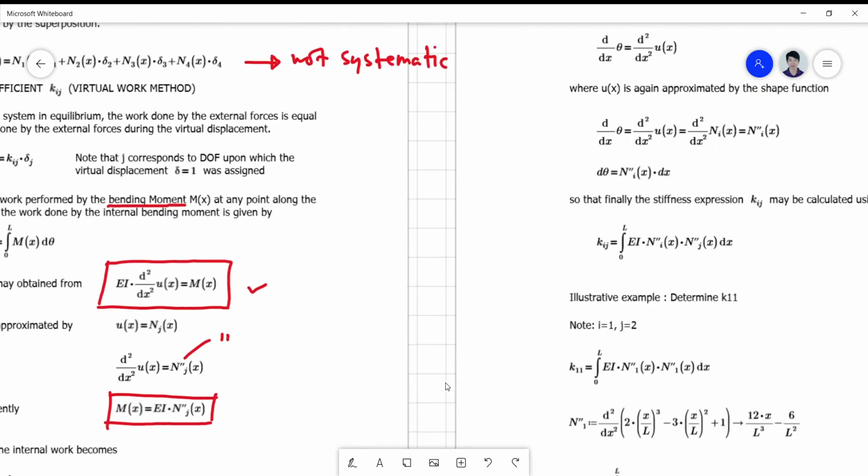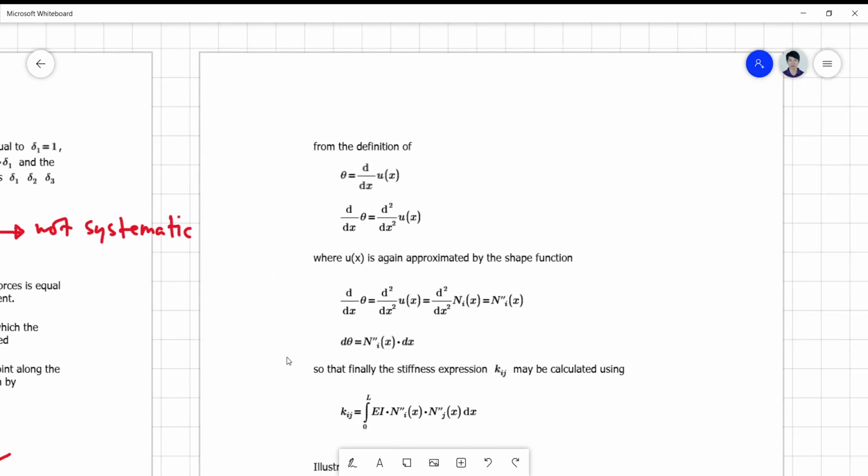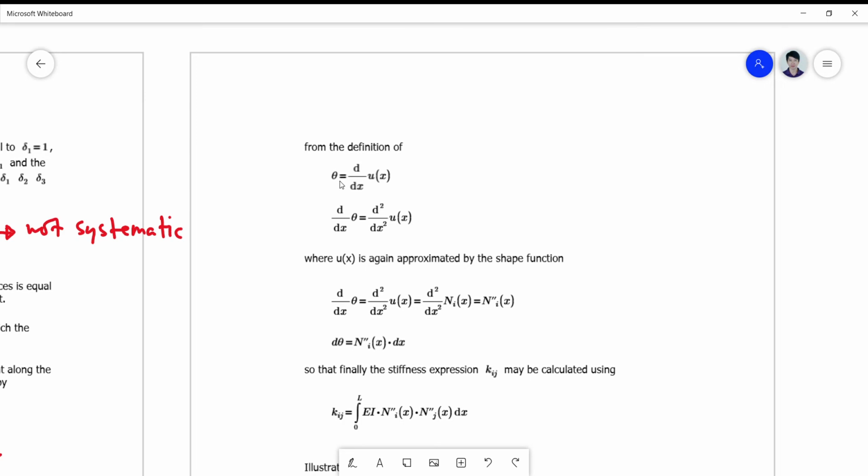From the definition of theta, we know that theta is a slope equivalent to du dx, and the derivative of theta with respect to x now becomes the second derivative of u with respect to x squared. Where ux, again approximated by the shape function, will yield a d theta dx equivalent to the second derivative of Nix with respect to x squared, or simply N double prime ix.